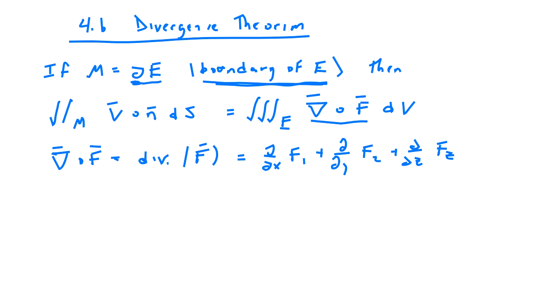Suppose E is the solid sphere, so the three-dimensional thing. And in that case, M, the boundary, would be just the shell of the solid sphere, the actual sphere. So it would say that the flow through the sphere is equal to the triple integral over the solid sphere of this divergence.